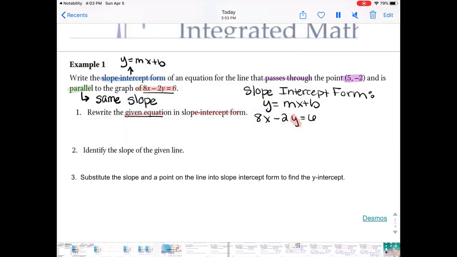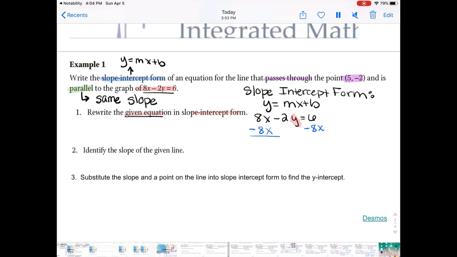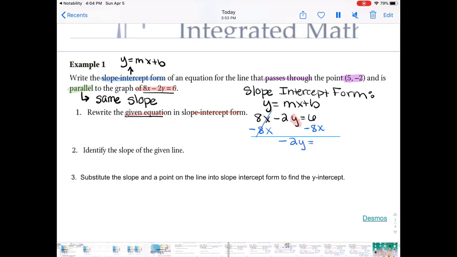There's a positive 8x, so I'm going to do the opposite and subtract 8x. On the left-hand side, don't forget to bring down, once those 8x cancel, a negative 2y. On the right-hand side, those are not like terms, so I'm just going to rewrite them as negative 8x plus 6.